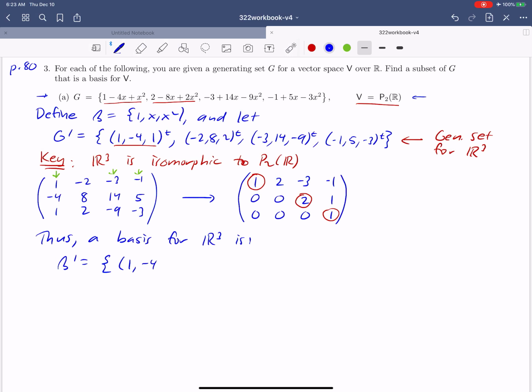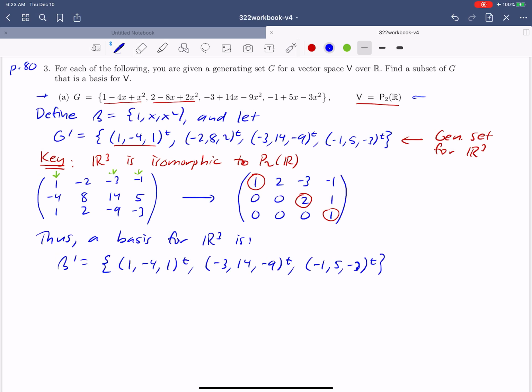So 1, negative 4, 1, negative 3, 14, negative 9, and negative 1, 5, and negative 3. Now, how does that help us to answer the question that we were asked?